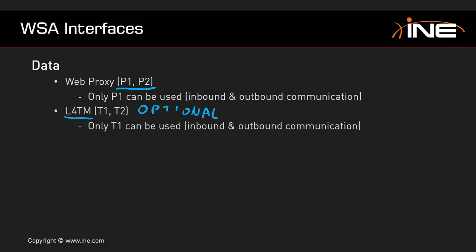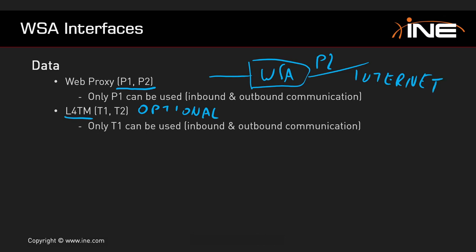And now the only difference between whether you want to use one or two of them is going to be in the amount of traffic that is going to be flowing through the WSA. Because you can go for just one of them, P1, in which case you will use it for inbound and outbound communication. Versus when you go for two ports, you'll have to put one interface, like P2, towards the internet, and then P1, you would put it towards your clients.